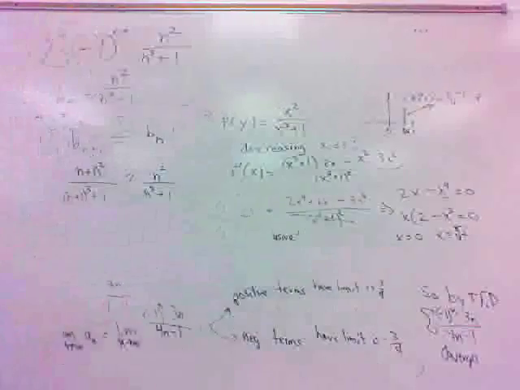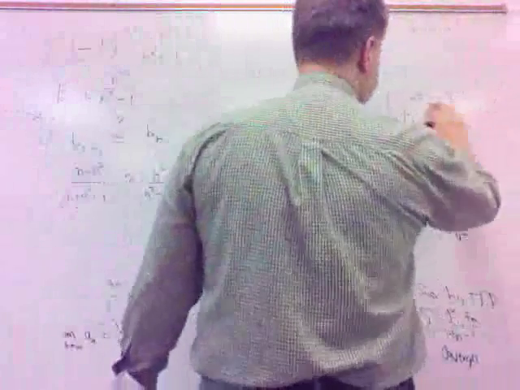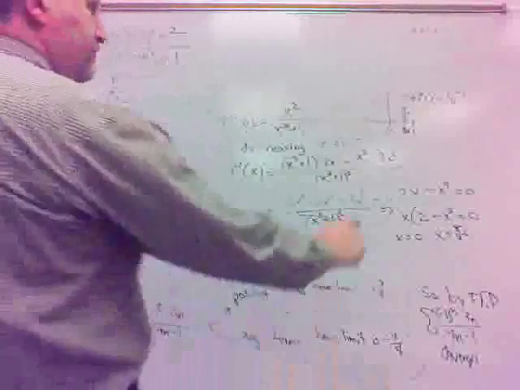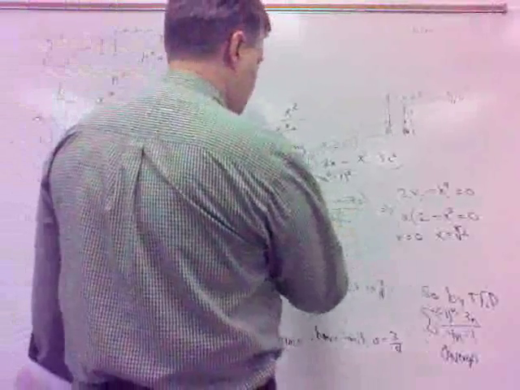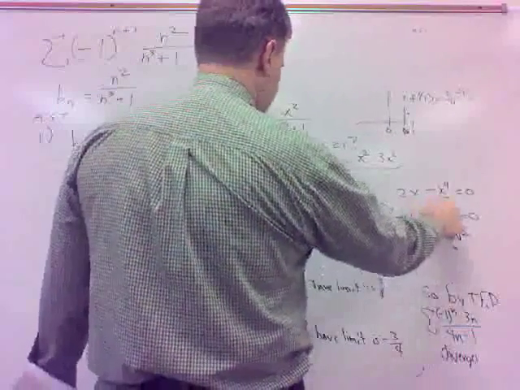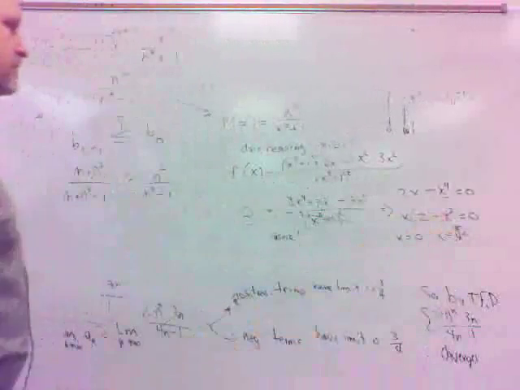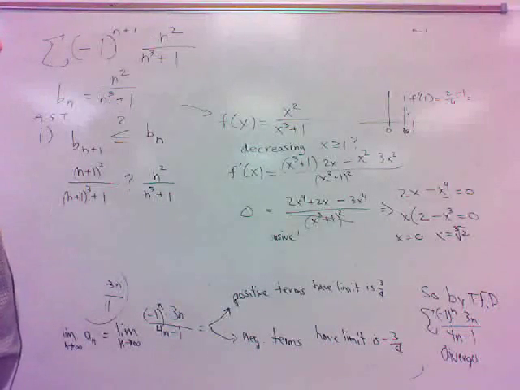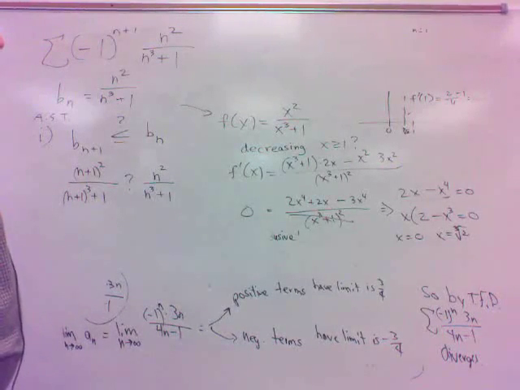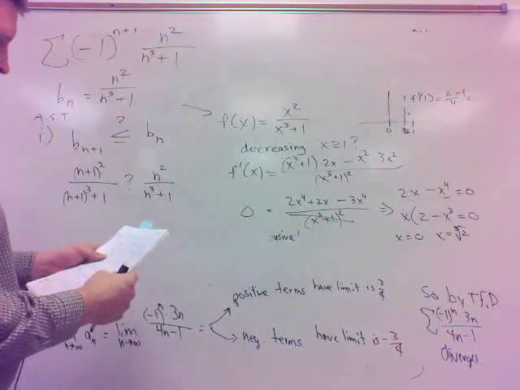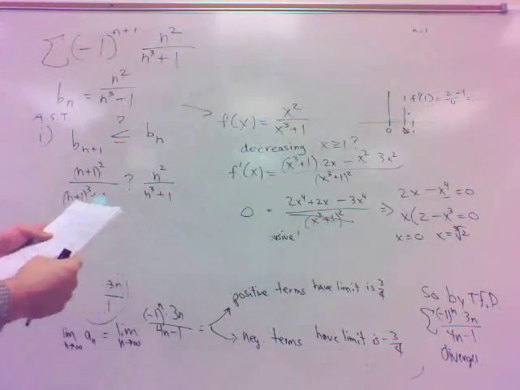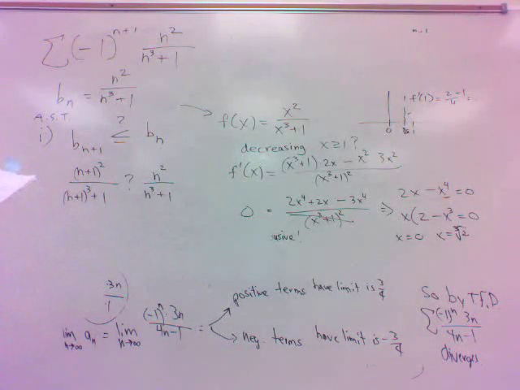Sorry. Did I do that right? I didn't do that right. 2 minus 1. What have I got wrong? It should be decreasing. The numerator is 2 minus x to the fourth plus 1, over 1.